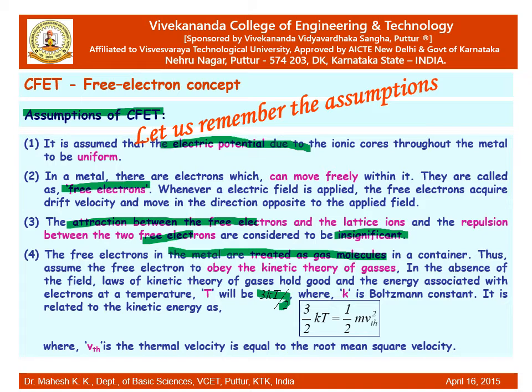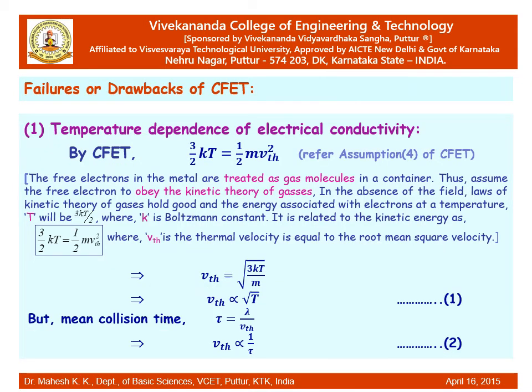Mechanically we can define kinetic energy as half m v square, so half m v_th square is equated to 3 by 2 kT. Rearranging that equation, you get v_th equal to root of 3 kT by m, which is directly proportional to root T, where T is the temperature.